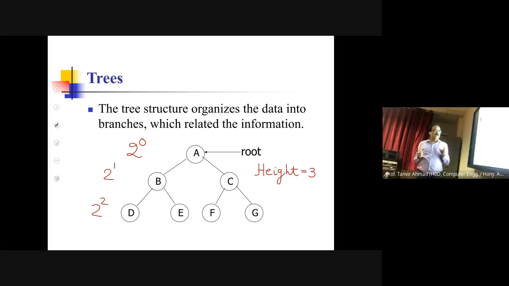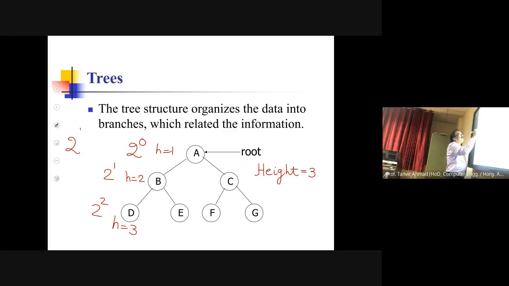At the first position, the number of children will be 2 to the power 0. Then at the second height, if I say h is equal to 1, height is 1. Here h is equal to 2. Here h is equal to 3, height. And the number of nodes at a particular height is given by the formula 2 to the power of h minus 1.